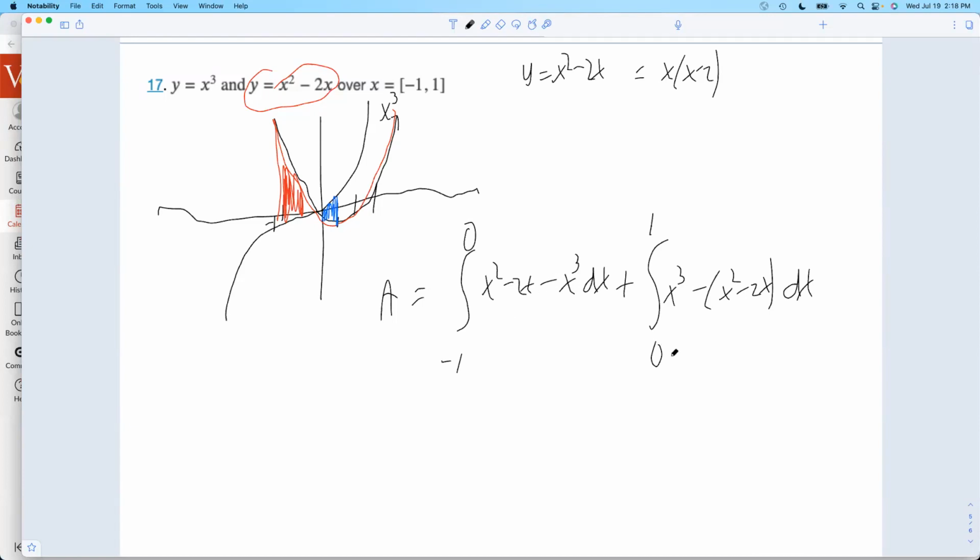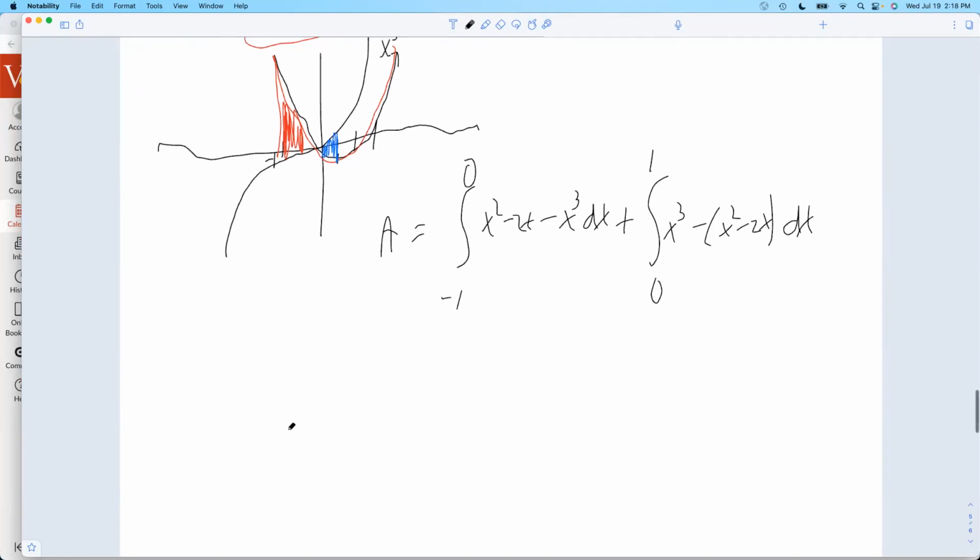Don't go, oh, whatever I get here at 0 is going to cancel out whatever I get here. Yeah, you're going to get some cancellation, but just take your time and do this one step at a time. So maybe we'll even write these separately. We'll call this definite integral number 1 so that we don't get overwhelmed.